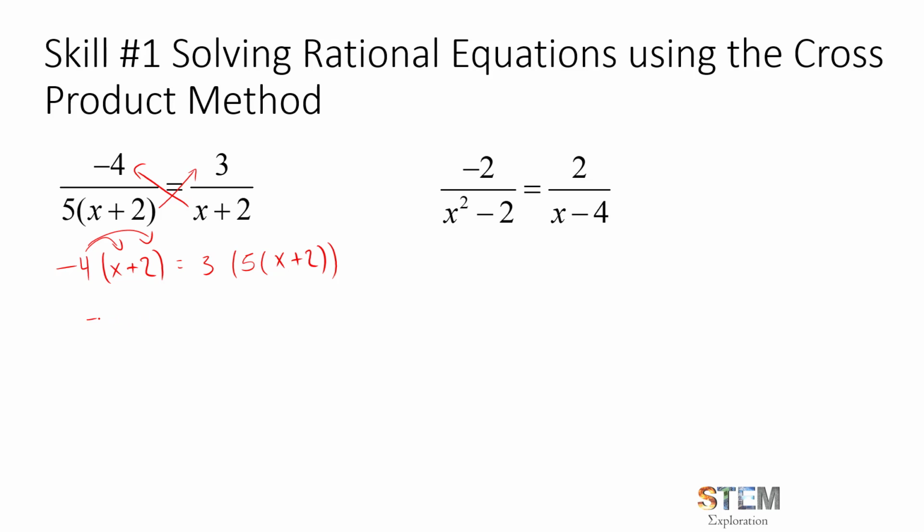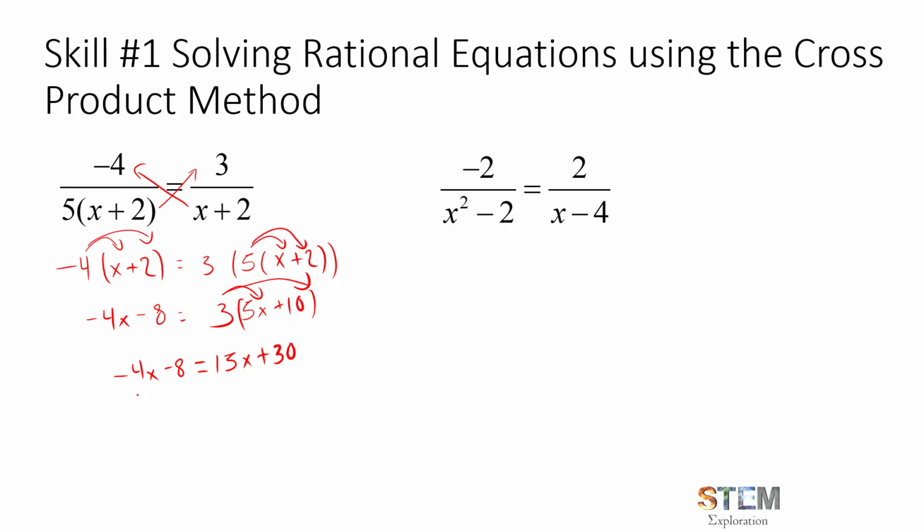And so what you're going to get once you do this cross multiplication is negative 4x minus 8, and then on the other side, we need to solve what's in the parentheses first, so we'll go 5x plus 10 times 3, and then we'll distribute the 3 accordingly, so make sure you're following the order of operations. This will give you 15x plus 30 is equal to negative 4x minus 8.